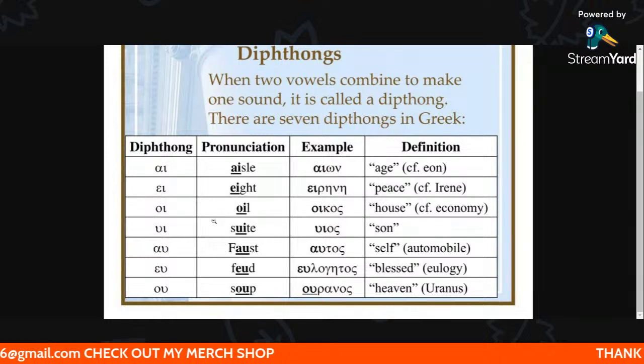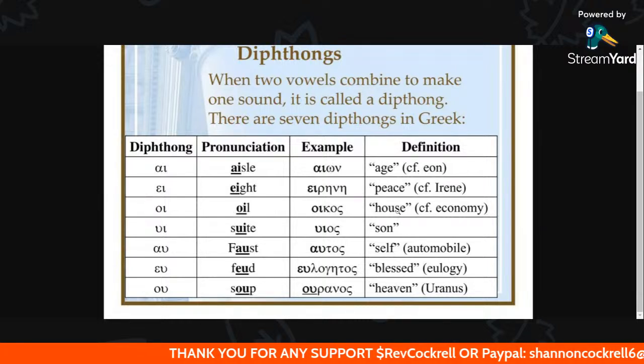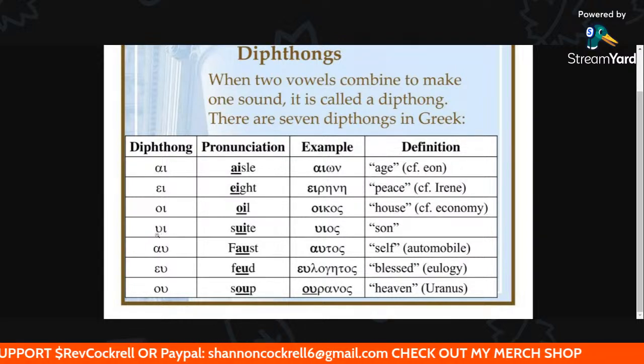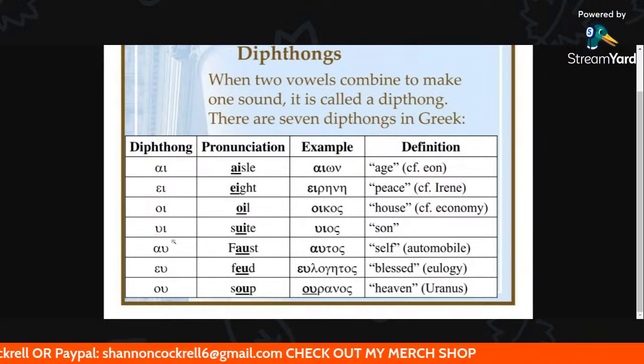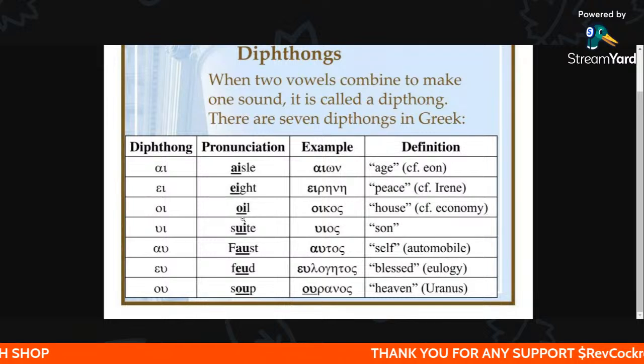Omicron, iota, oil, oikos, house. Upsilon iota, we use it in huios, son, or huiotes, the we sound.